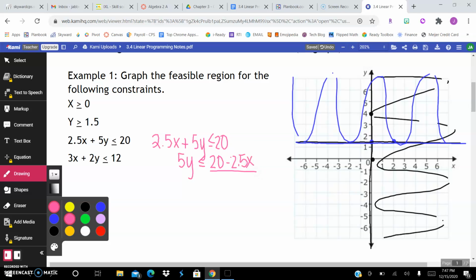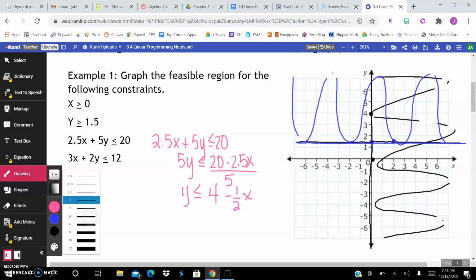Then we divide everything by 5. 20 divided by 5 is 4. And negative 2.5 over 5 is actually negative 1/2, since 2.5 is half of 5. So our y-intercept here is positive 4, and our slope is negative 1/2, so down 1 and over 2.